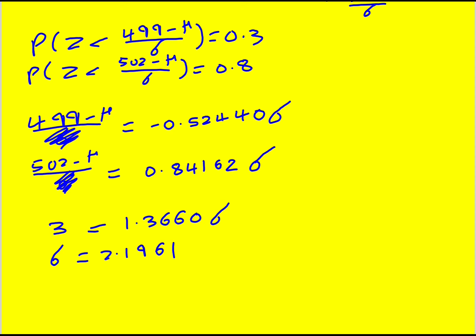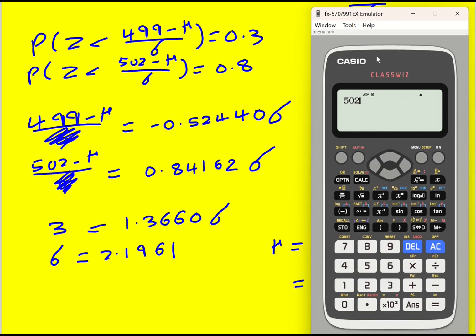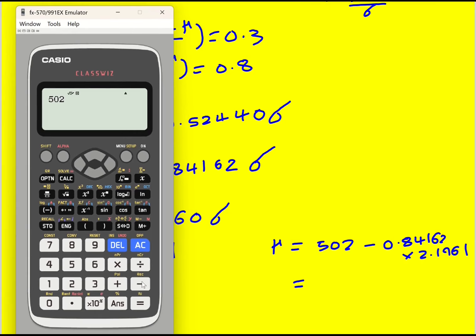And I can work out mu. So mu is going to be 502 minus 0.84162 times this value, which gives us 500.15.